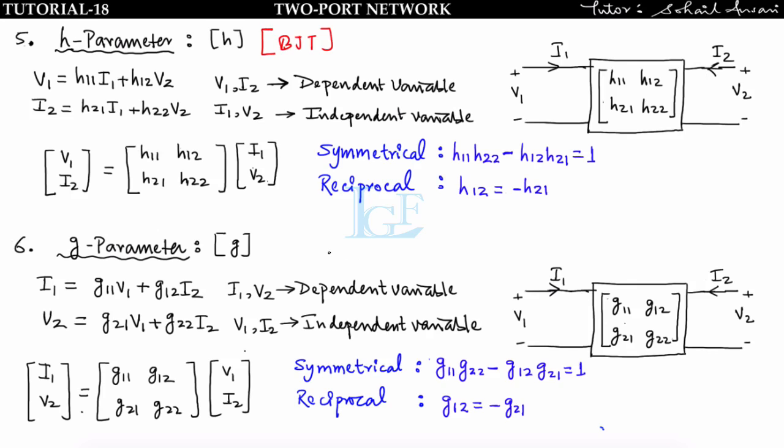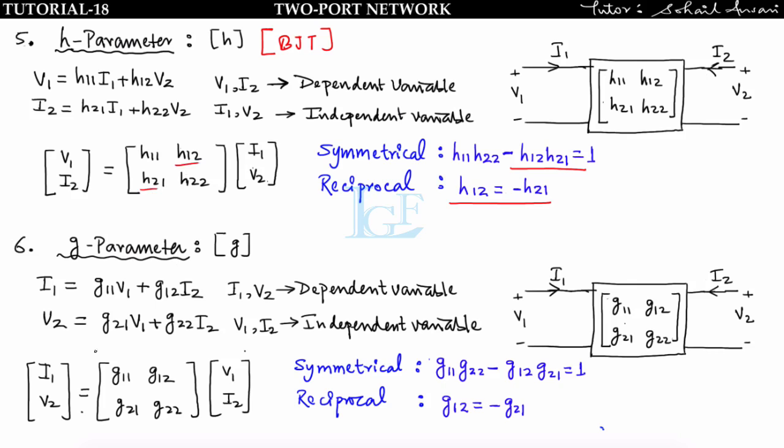The condition to be symmetrical is H11 H22 minus H12 H21 must be equal to 1, and the condition for reciprocal is H12 must be equal to minus H21, meaning this must be opposite to this one.